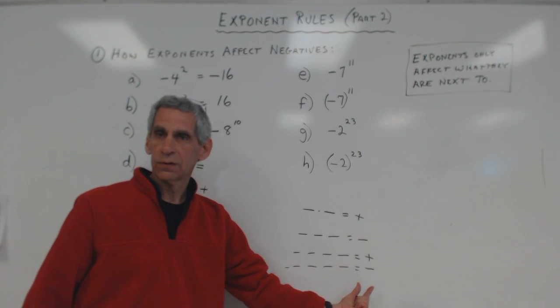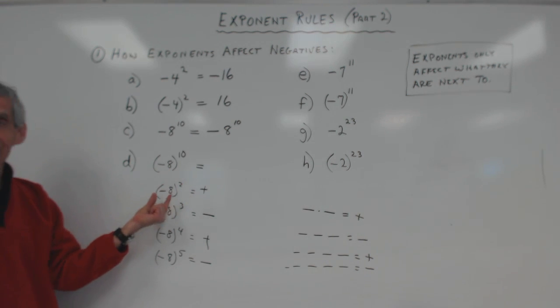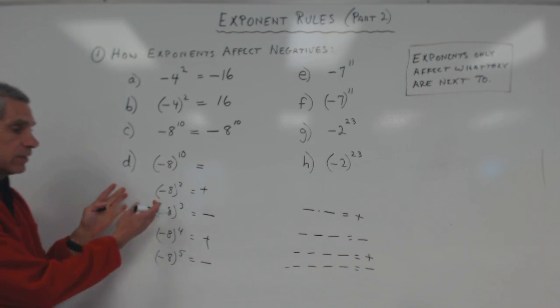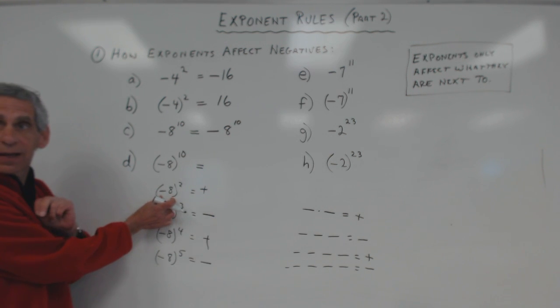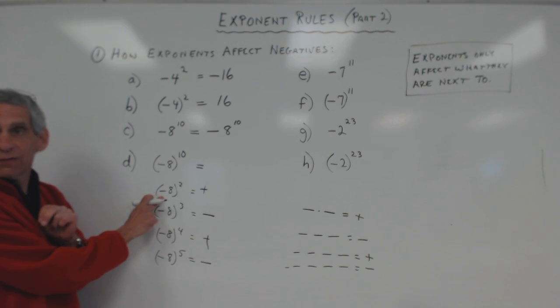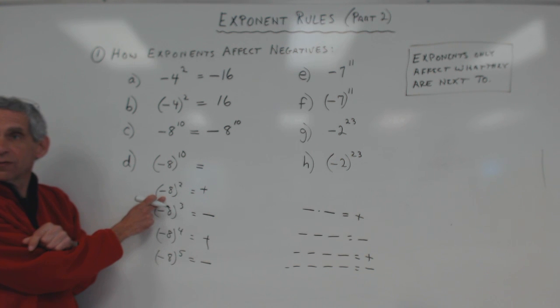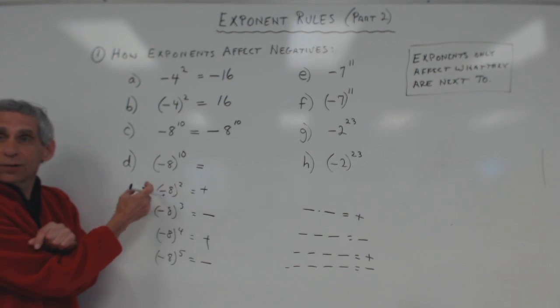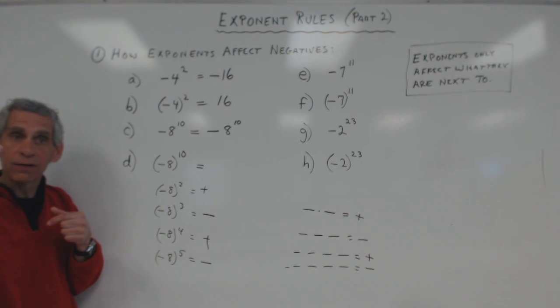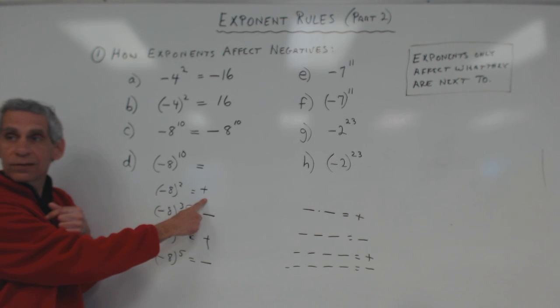You remember this? Okay. Well, that happens with exponents, because exponents is just creating this. I have a negative 8, a negative number. You don't have to worry about the 8 for a second. Just think of it as a negative number, and it's being squared, meaning it's going to be a negative times a negative. That's an even number, so it's going to be positive.